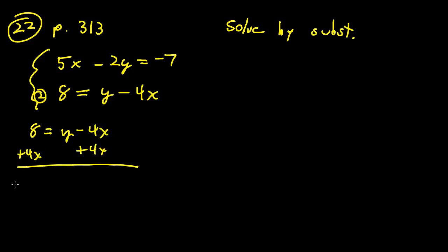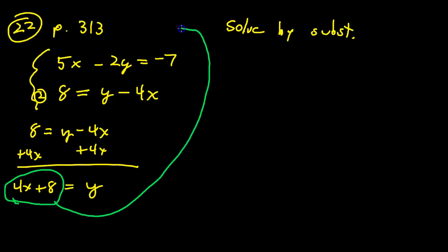I'll get 4x plus 8 on the left equals y on the right. I've now got y all alone, solved for nicely on the right-hand side. If y equals 4x plus 8, I can then substitute 4x plus 8 for y in the other equation.